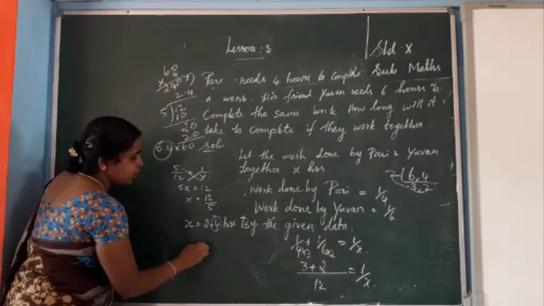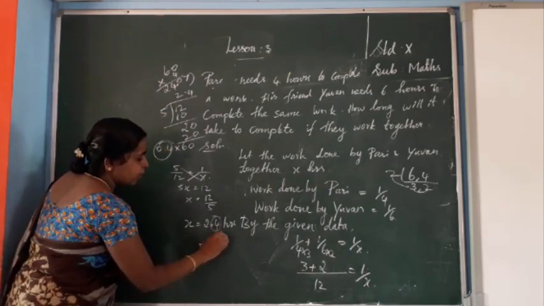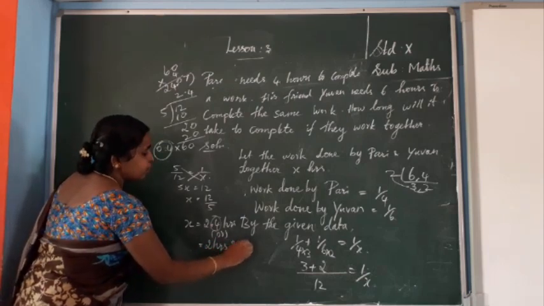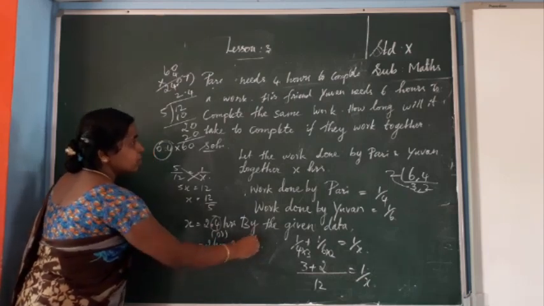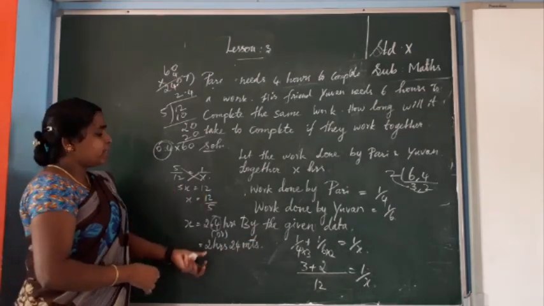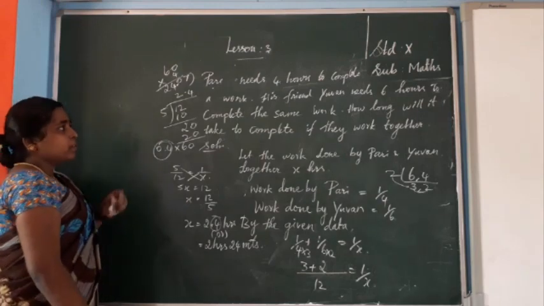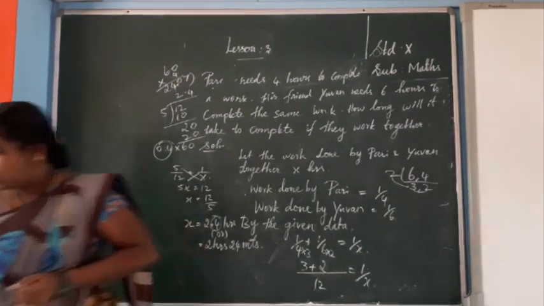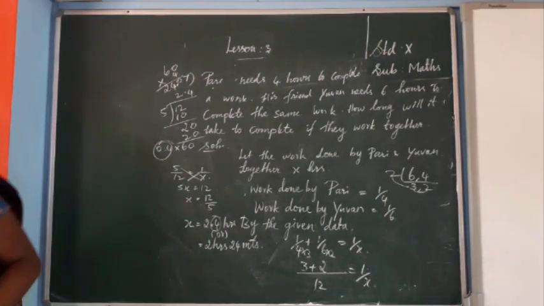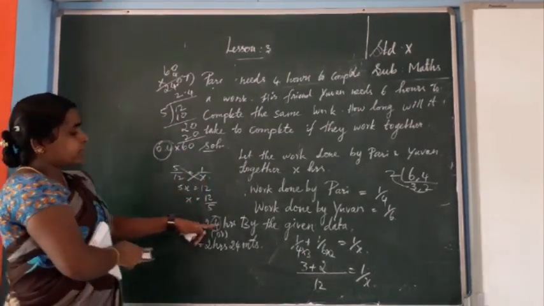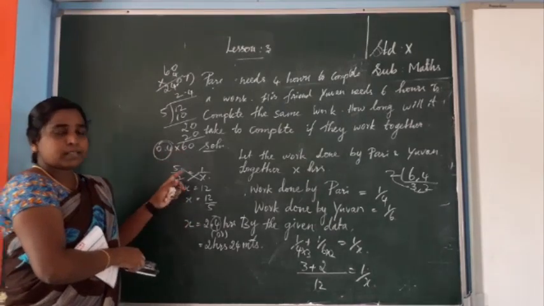So equal to 2 hours 24 minutes. Okay, if they are working together, they will take 2 hours 24 minutes. So don't forget, okay, when converting hours to time, you have to multiply by 60.